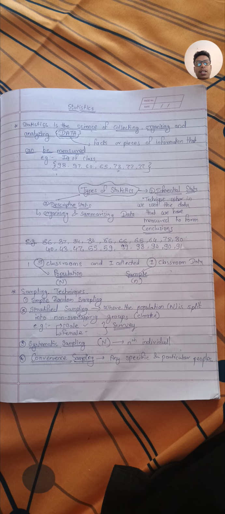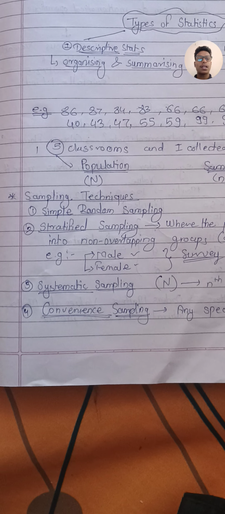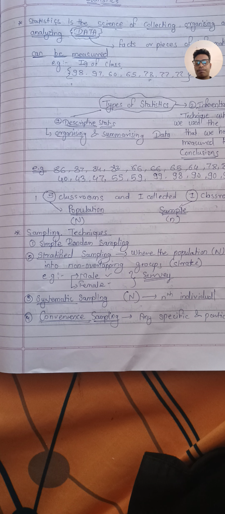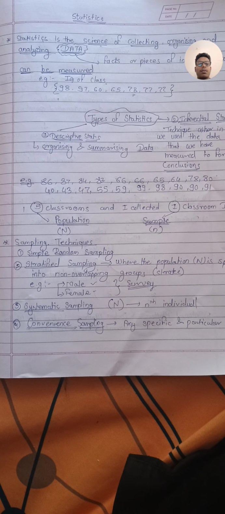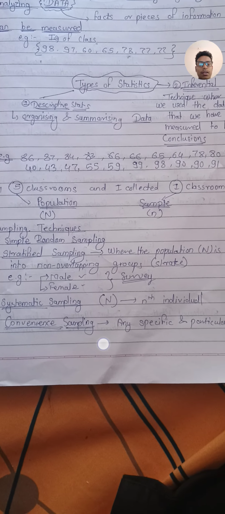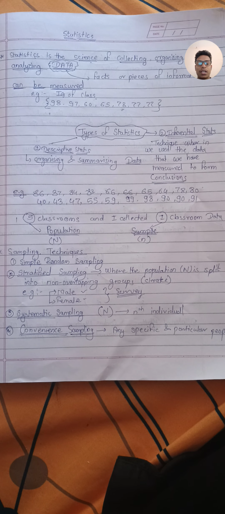There are sampling techniques we use, like simple random sampling, where you take any random sample, going and collecting samples based on whatever information is provided. Then there is stratified sampling, where the population is split into non-overlapping groups.